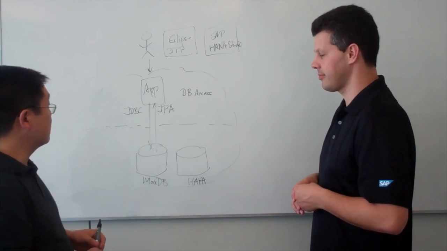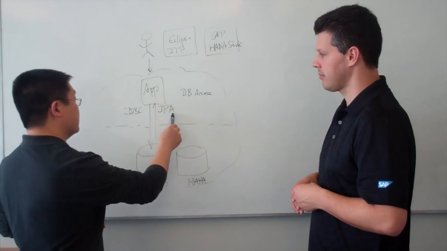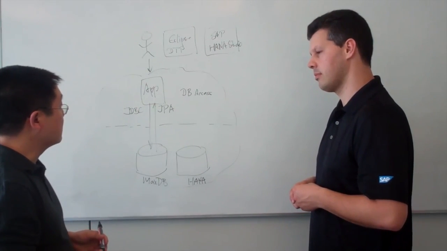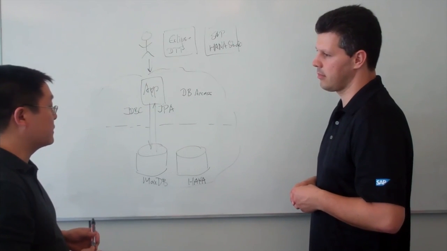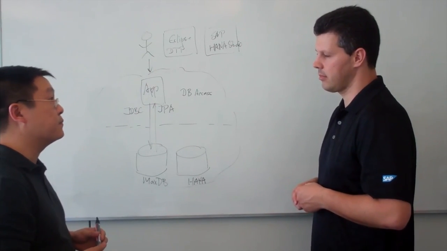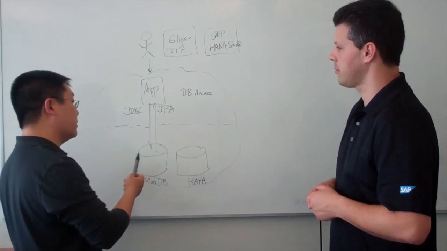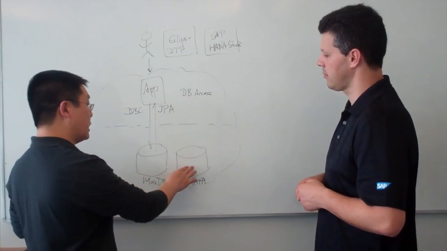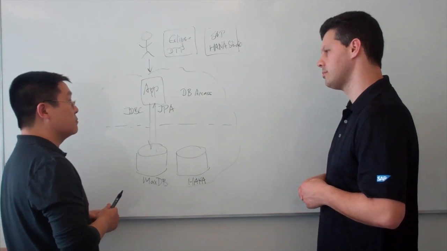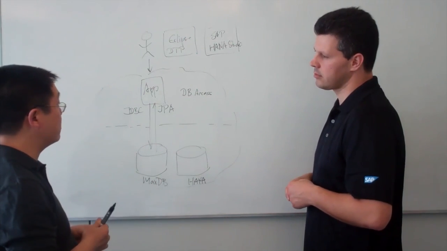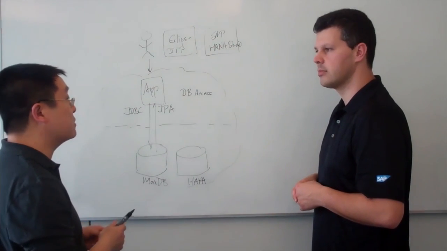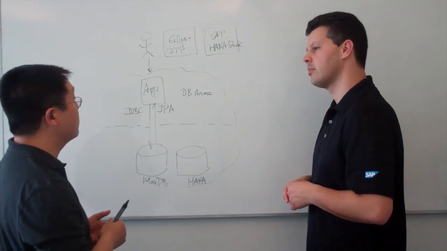Yes, one thing is for the JPA stuff. Our default JPA provider is EclipseLink, and actually we have our own EclipseLink platform for HANA. Recently we managed to contribute it to the EclipseLink project.